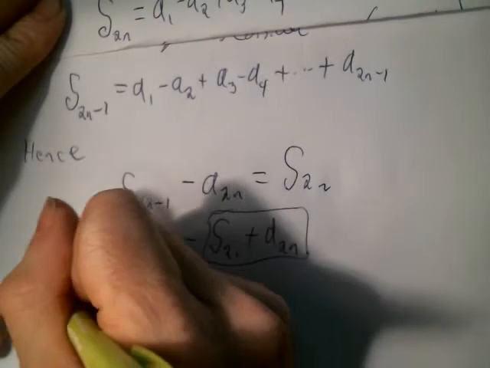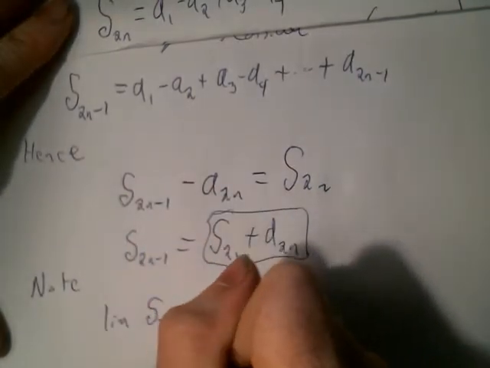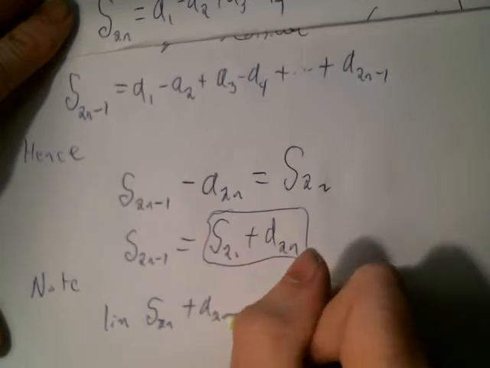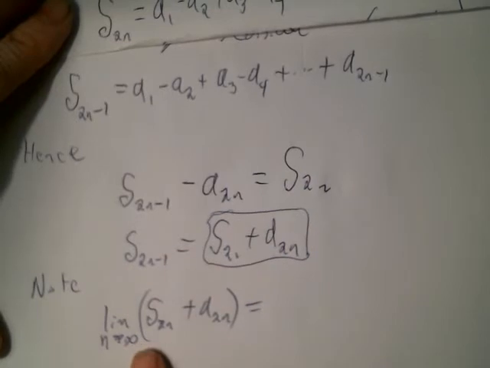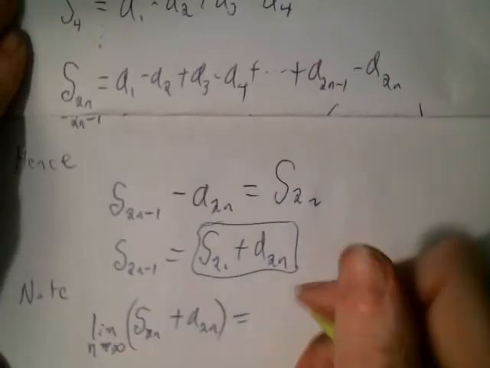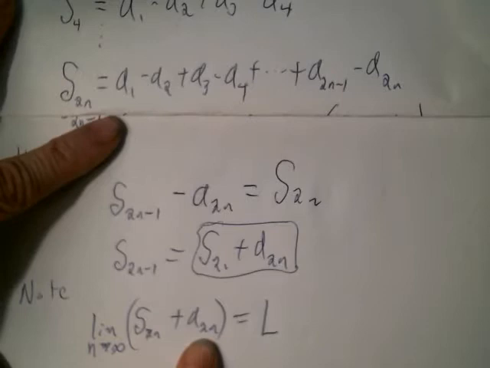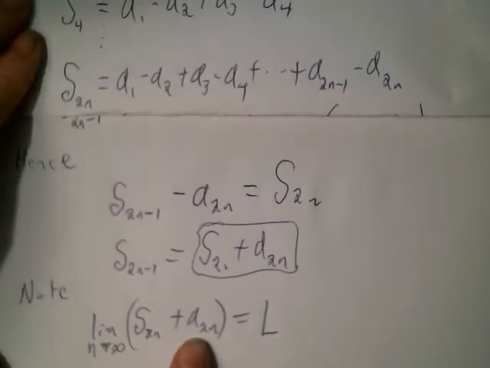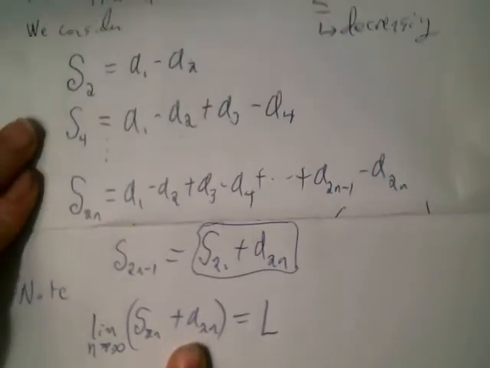Note then the limit of s sub 2n plus a sub 2n as n goes to infinity. Well, I know this s sub 2n is converging to something. I could call it L, whatever I want. Then the limit of a sub 2n, the 2nth term of the series, I know something about that from my supposition.